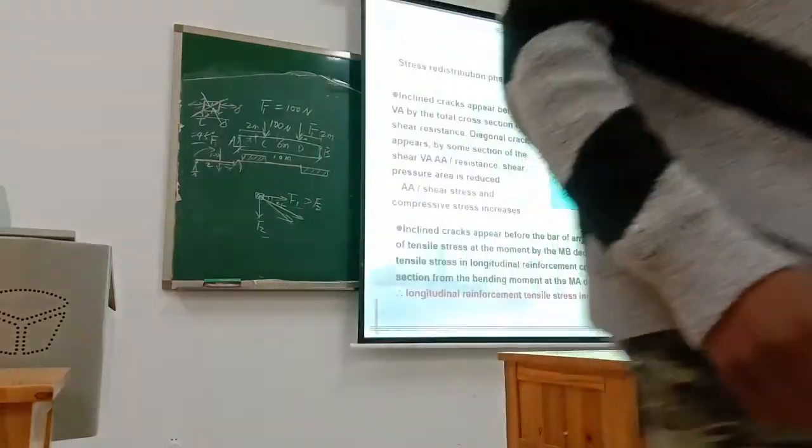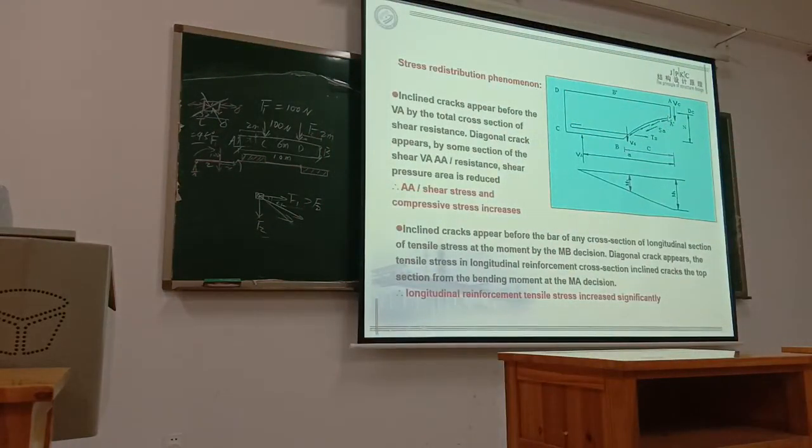Once this oblique crack is generated, we see what different types of stress we have. First of all, the tensile force Ts resisted by the longitudinal reinforcement. This is the main part. Also, this longitudinal reinforcement can bear part of the shear force.